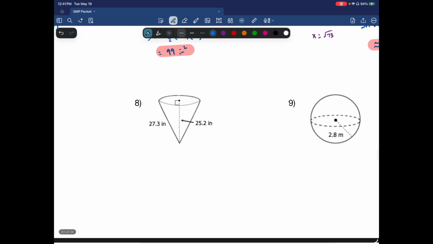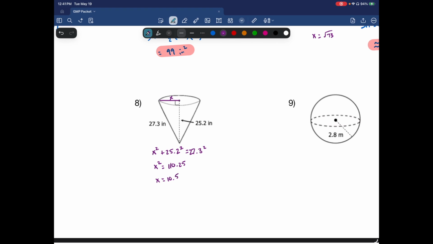Okay. On 8, I need to use the Pythagorean theorem to find the radius. So that's going to give me x squared plus 25.2 squared equals 27.3 squared. So x squared equals 110.25. So x equals 10.5. It works out that way.